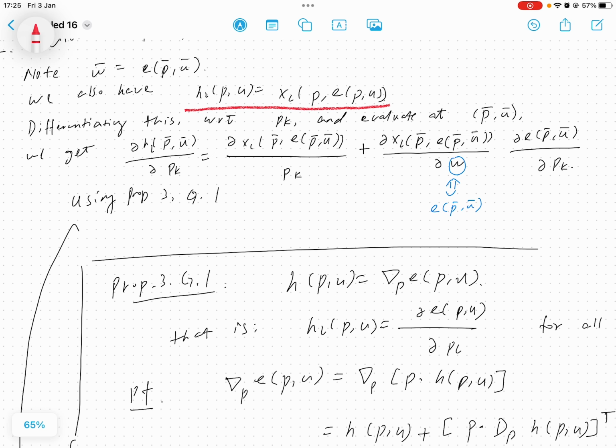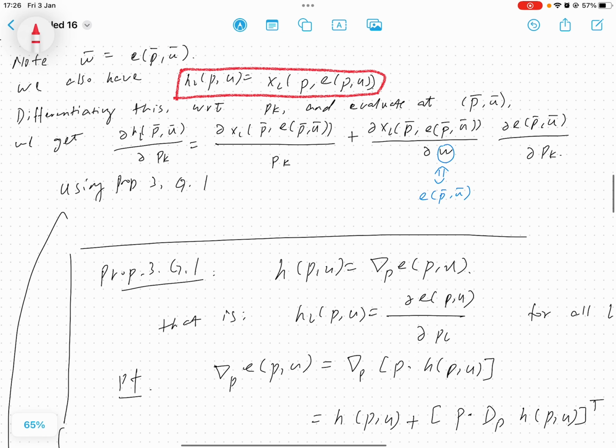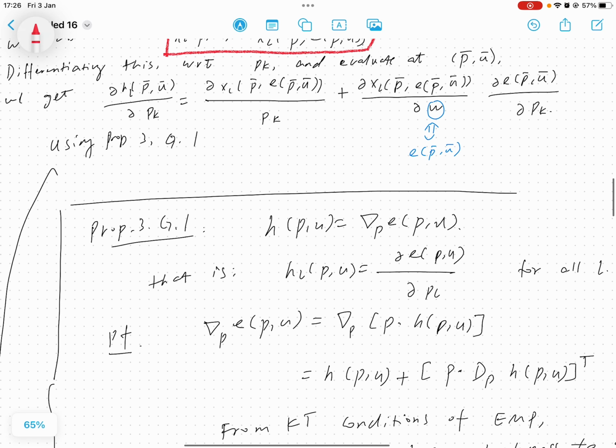Then we can differentiate this on both sides with respect to pK, and then we evaluate this total differentiation at the point P bar and U bar. Keep in mind that this is just one entry or one dimension in this vector, but that will be true for all the dimensions.